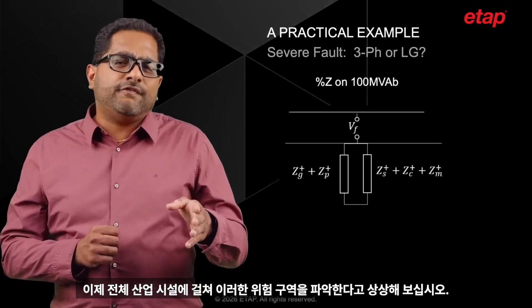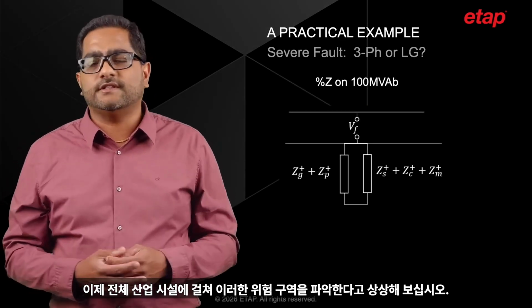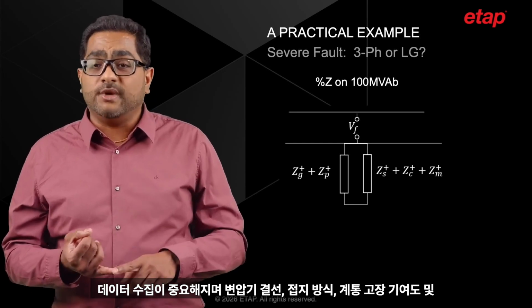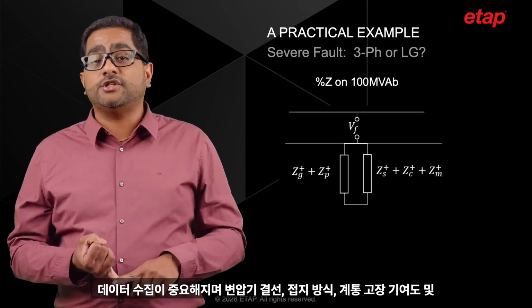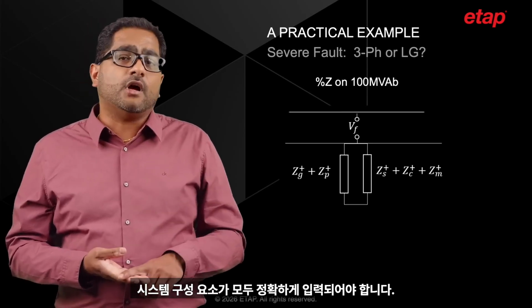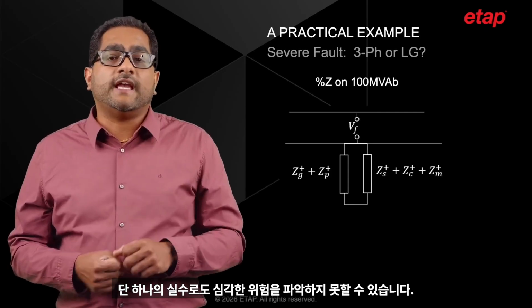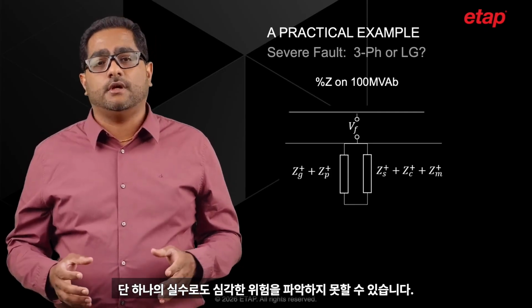Now imagine identifying these hotspots across an entire industrial facility. Data collection becomes critical. Transformer connections, grounding methods, utility contributions, and system configurations must all be accurate. A single oversight can mask a severe hazard.